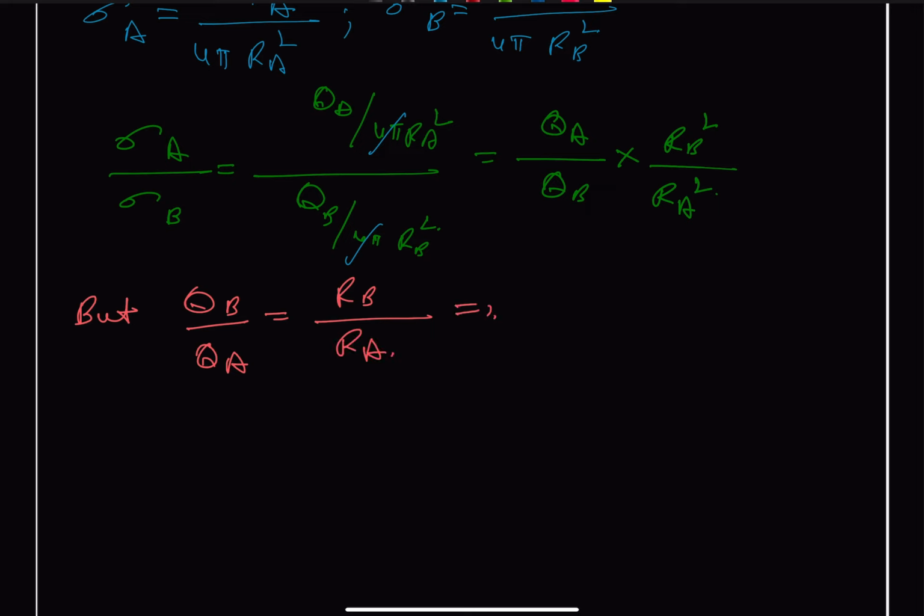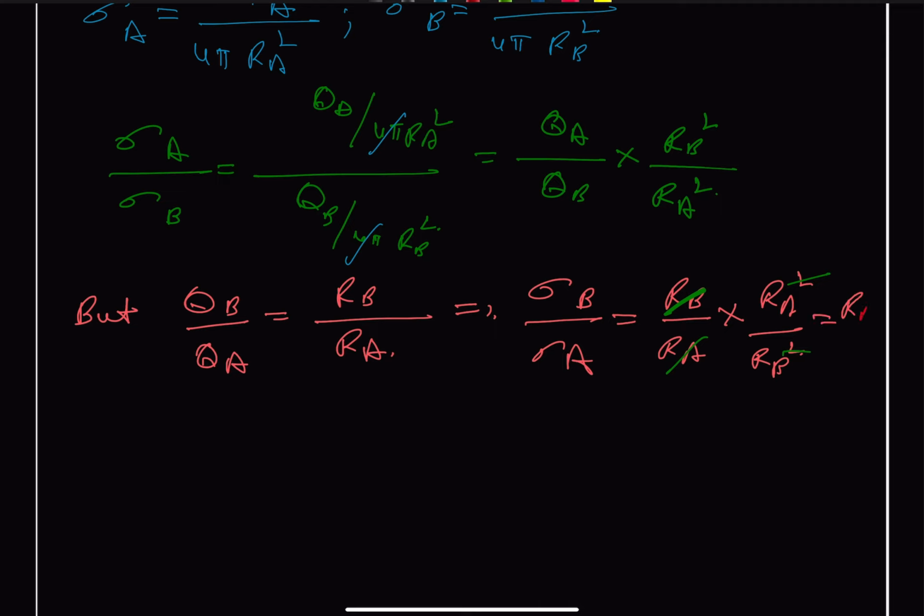So we can write that sigma B upon sigma A will be equal to RB upon RA multiplied by RA square divided by RB square, and the square cancels out. So this comes as RA upon RB.